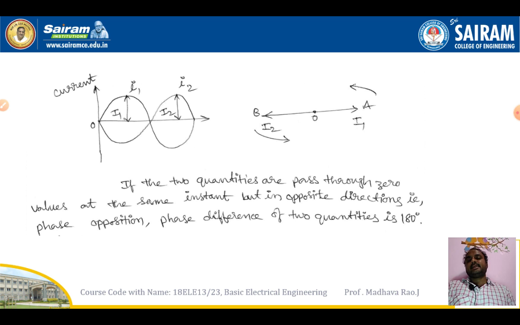In the figure, I1 starts from zero toward the positive and negative directions, and I2 starts from the same instant but opposite to I1. In the phasor diagram, I1 goes in one direction and I2 goes opposite. So both are out of phase with each other, and the phase angle between I1 and I2 is 180 degrees.